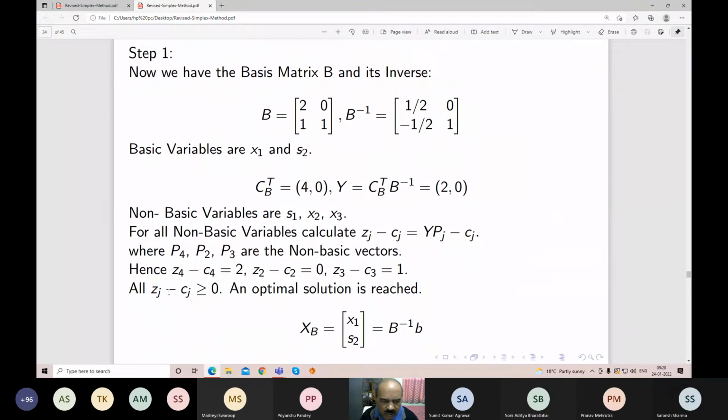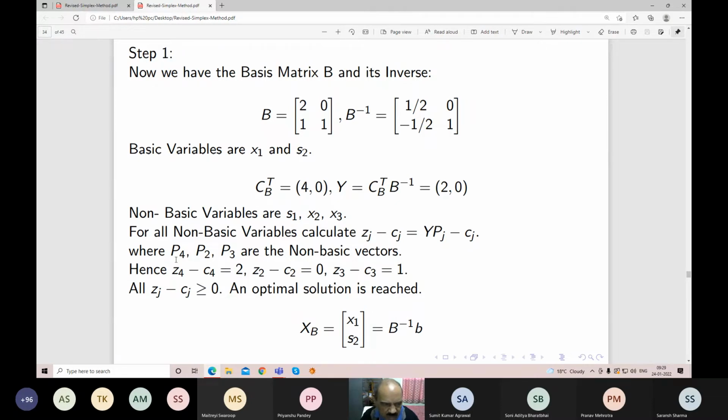Next we are computing Zj minus Cj, which is nothing but y into Pj minus Cj for all the non-basic vectors. The non-basic vectors are P2, P3, P4. P2 with respect to x2, P3 with respect to x3, P4 with respect to s1.